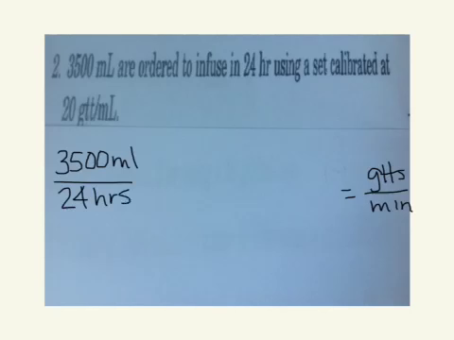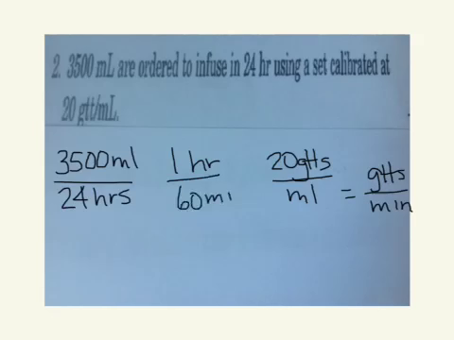And your drop set is 20 drops per milliliter, so we'll put that over here, 20 drops per milliliter. And 24 hours, you've got to get it into minutes, so again you're going to put 1 hour over 60 minutes. Again, leaving the minutes on the bottom and the drops on the top.